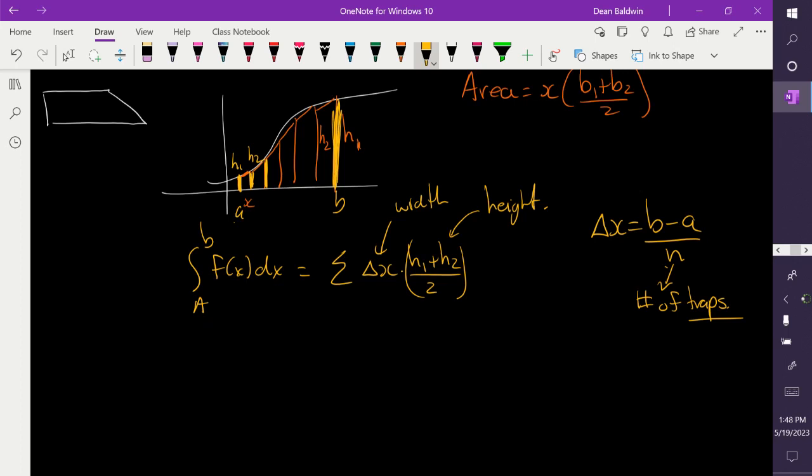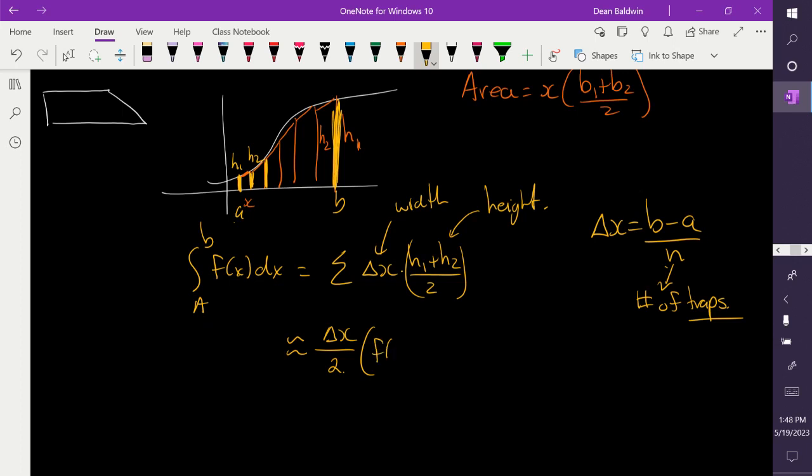So I'm going to pull out the 2, and we're going to say the integral is going to be approximated by delta x over 2. And then it's going to be h1 plus h2. So instead of writing that, we're not going to write the heights as h1, h2, because it's an actual function.